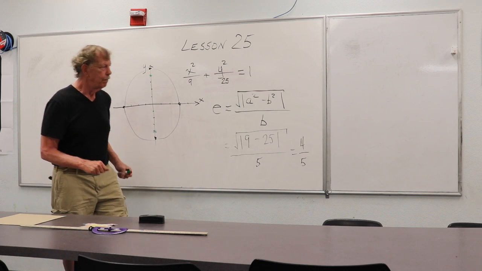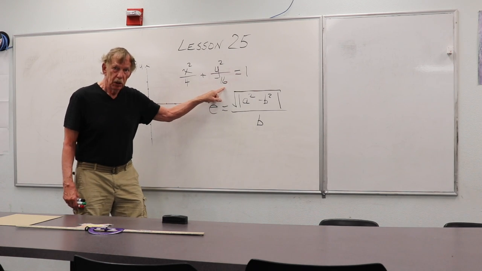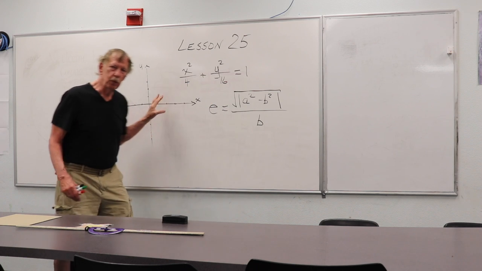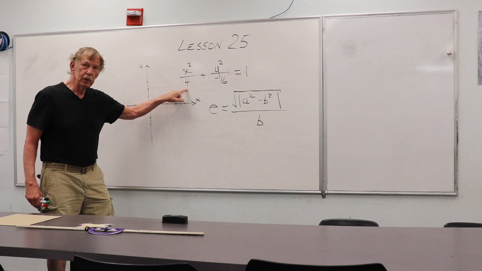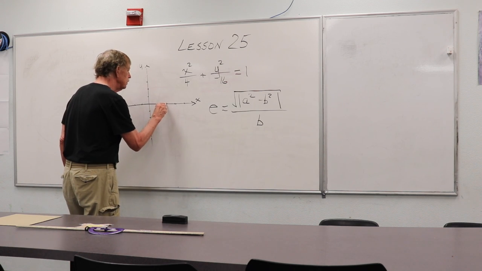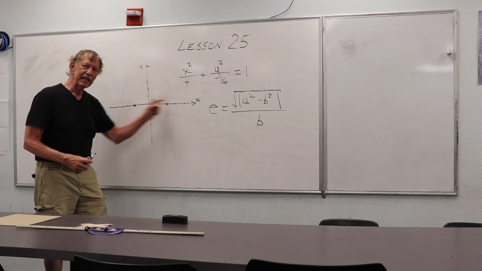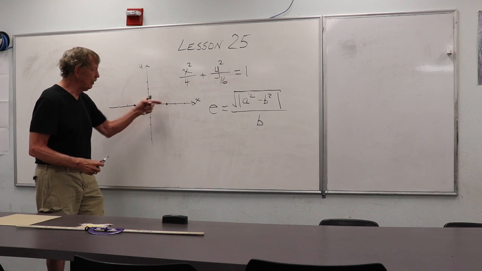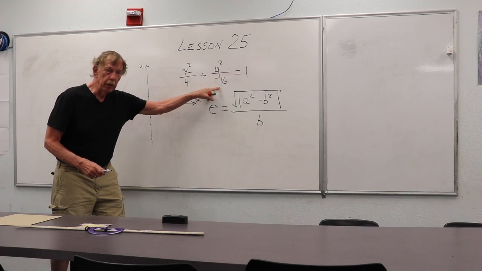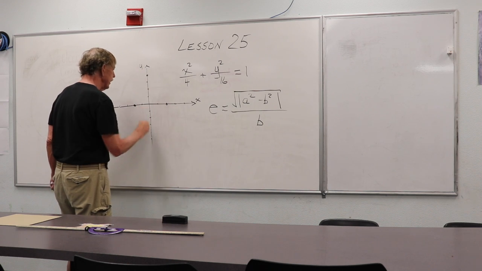One more example. Here, you can see that the b and b squared are much bigger than the a and the a squared. Still not a problem to graph this. A squared is 4, a is 2, so we're going to go over 2 to the right, over 2 to the left. Those are the edges on the x-axis, the ends of A. B is going to be 4, so we're going to go up 4 and down 4.